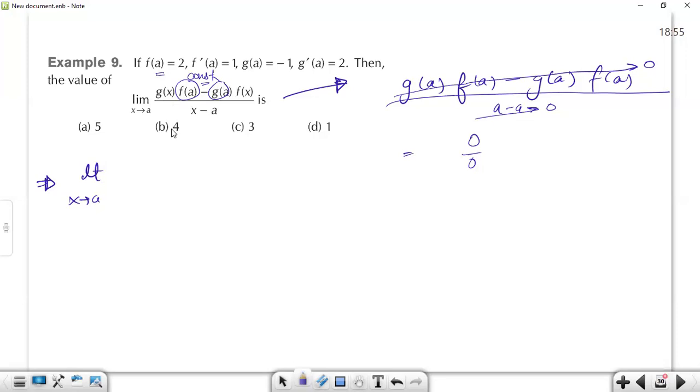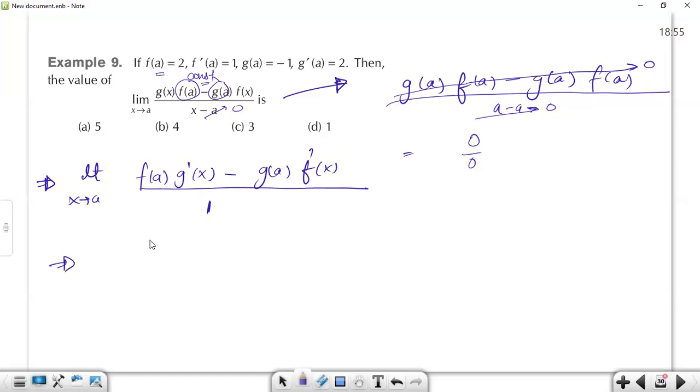So f of a will remain the same and g of x will become g dash of x, minus g of a, f of x will become f dash of x. Now the differentiation of x will become 1, and the differentiation of a is 0.